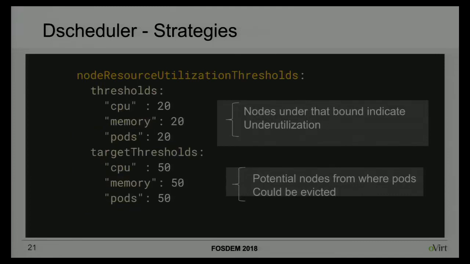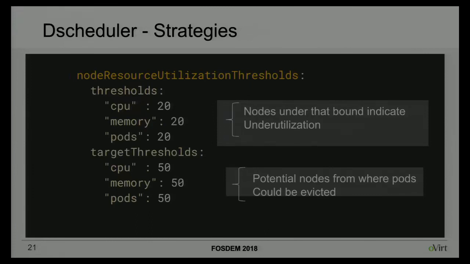You can see at the top example that I defined 20% of CPU and maybe 20 for memory, which is not the best example, but a simple threshold of memory that wasn't reached, and also a number of pods. If a node meets all of these thresholds and is under them, then it triggers the scheduler to start searching for other nodes where it can evict pods from.